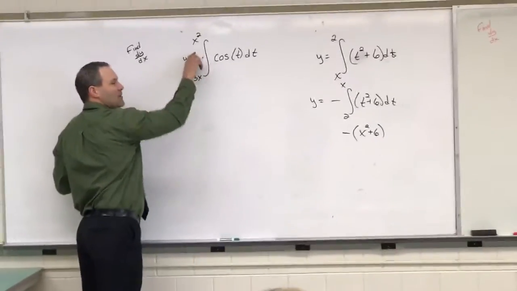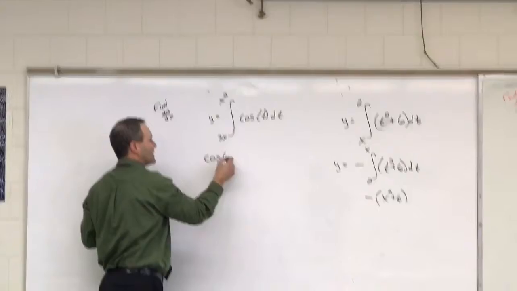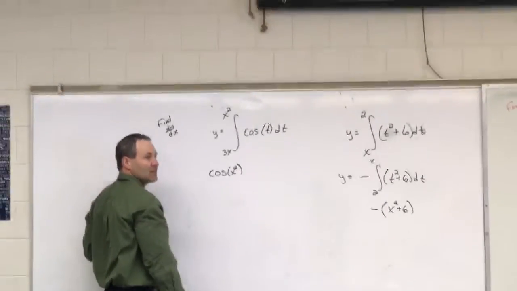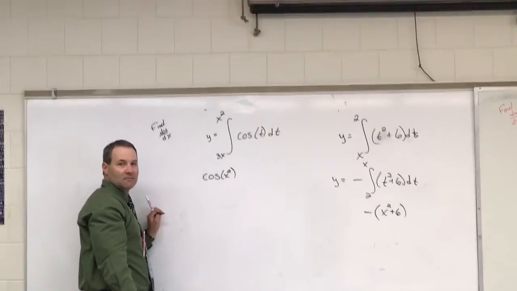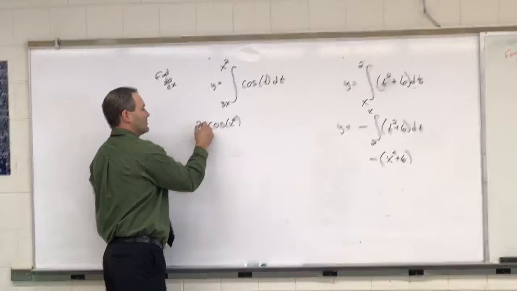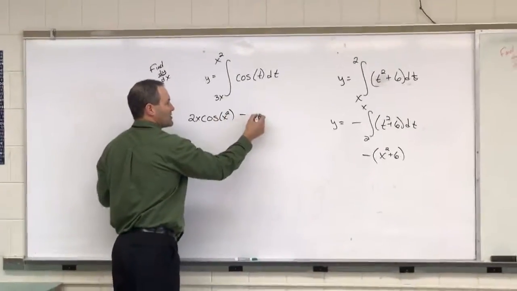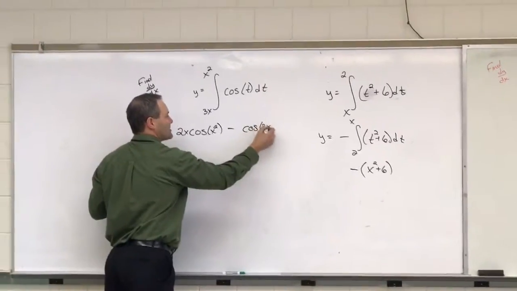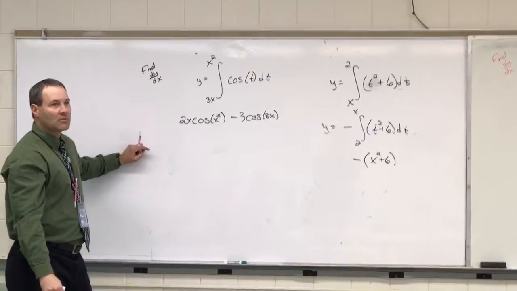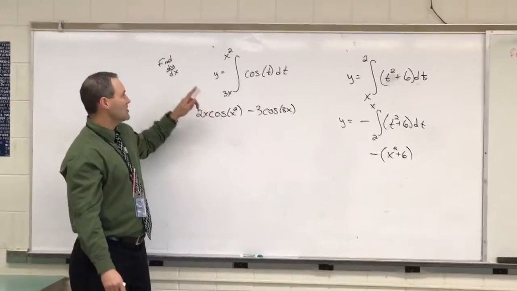We have two of them, and they both have variables. We drop in the x squared, so it's cosine of x squared. We forgot to multiply by 2x here, right? Now minus, drop in the 3x. So it's times cosine of 3x times 3. And that's your answer. There's no dx, there's no plus c or anything, it's an expression in terms of x.